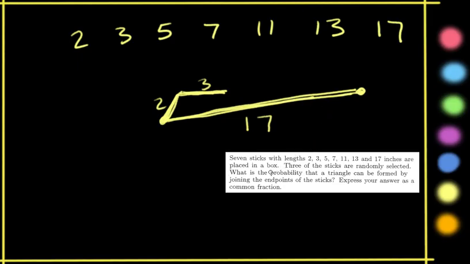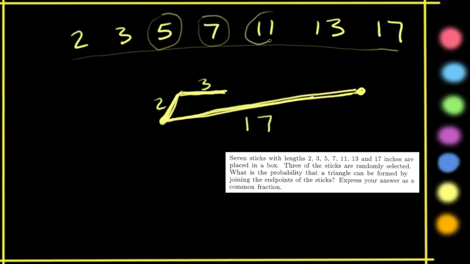All right, so basically, in this problem, it's going to be useful to again order the 3 numbers that we pick and consider what the largest one is. So there are several possibilities for what the largest of the 3 sticks is. The largest one could be 5 if you did 2, 3, and 5. It could be 7, it could be 11, it could be 13, and it could be 17.